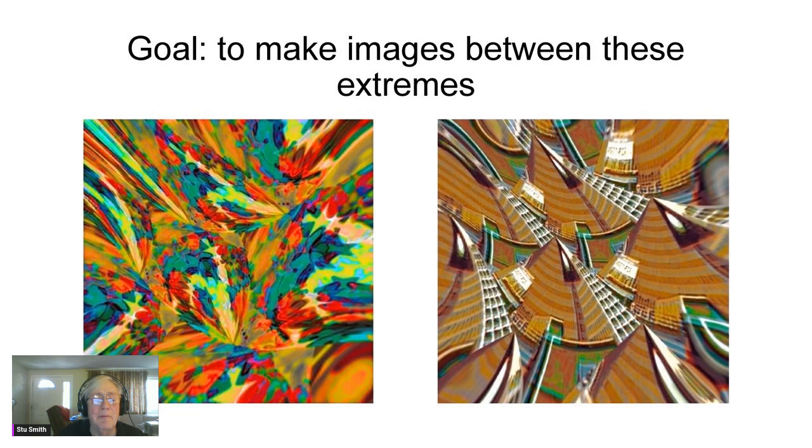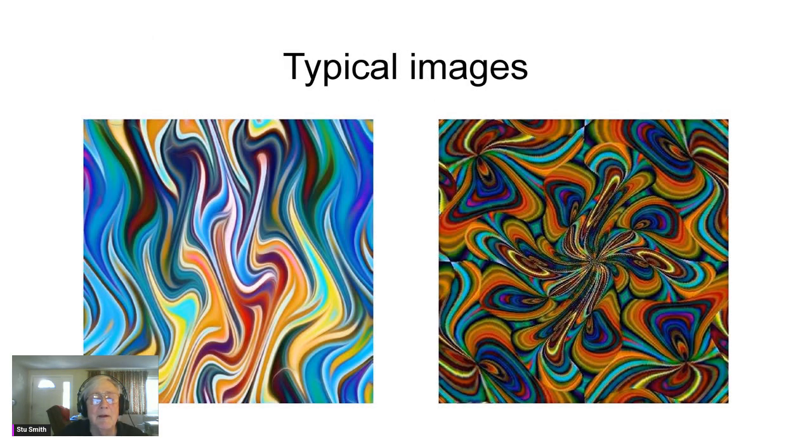On the one hand, you have just splashes of color, and on the other, you have the beginnings of possibility of making out recognizable objects or forms. These are two typical images, and later on I'll show a variety of other possibilities that I can create.